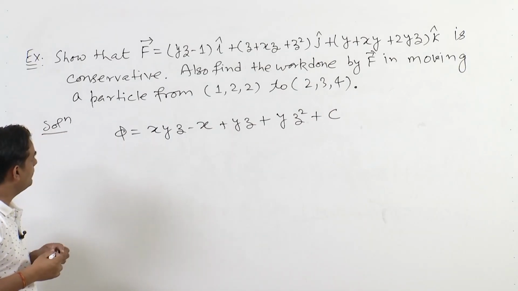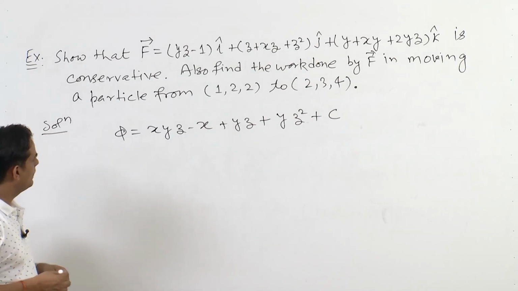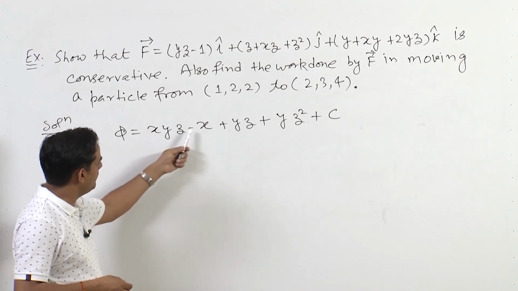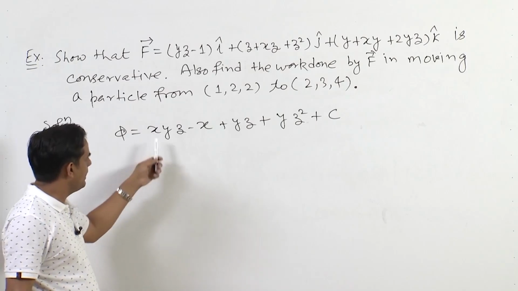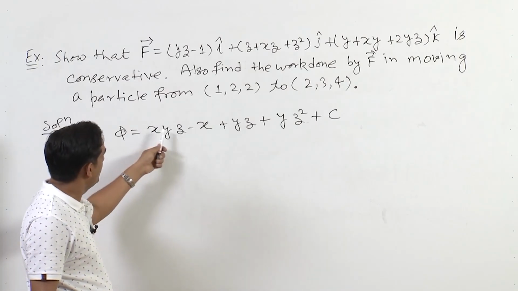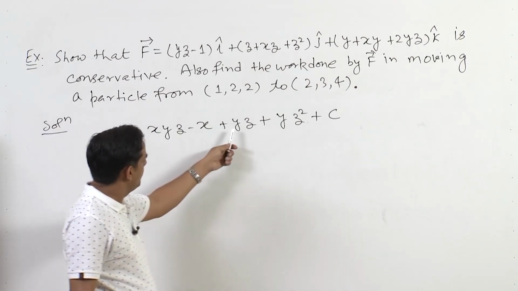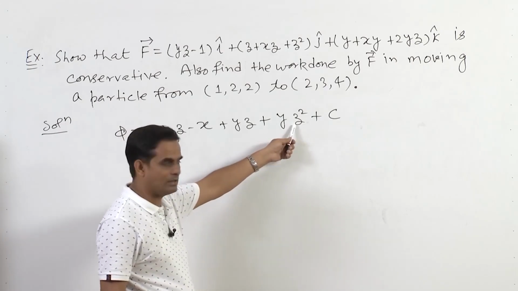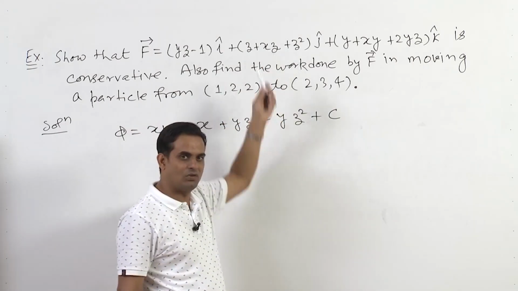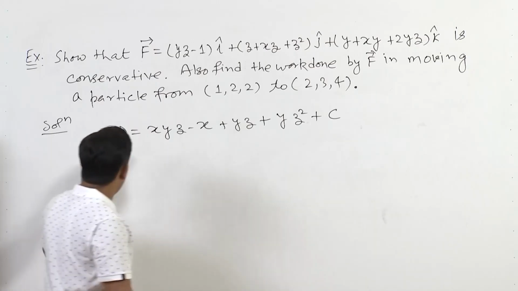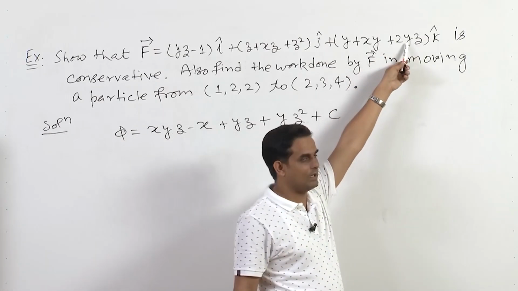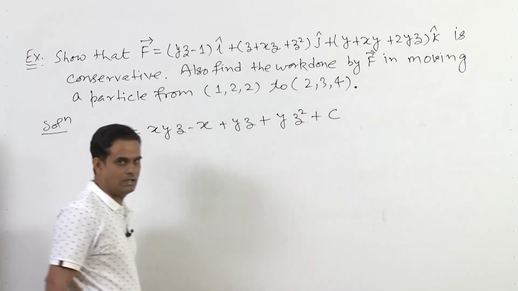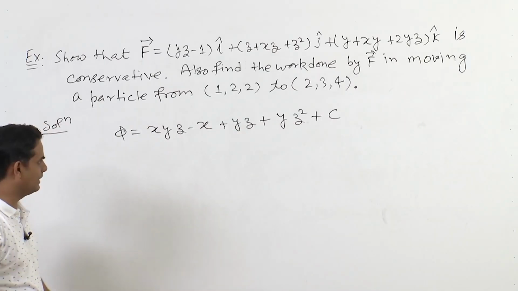And if you see that del phi over del x will become yz minus 1, the f1 component, del phi over del y will become z plus xz plus z square, meaning the f2 component, and similarly del phi over del z will become y plus xy plus 2yz, that is the f3 component.